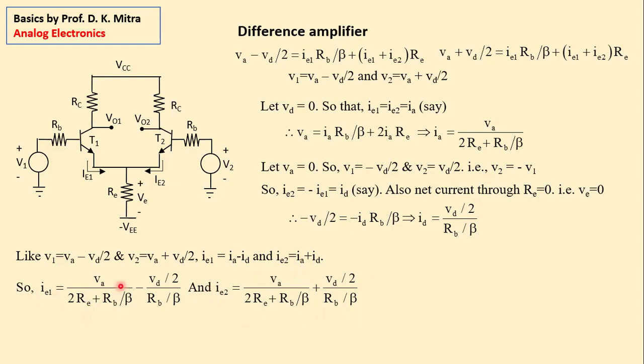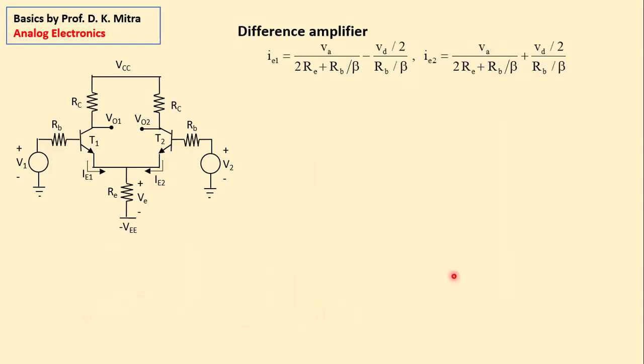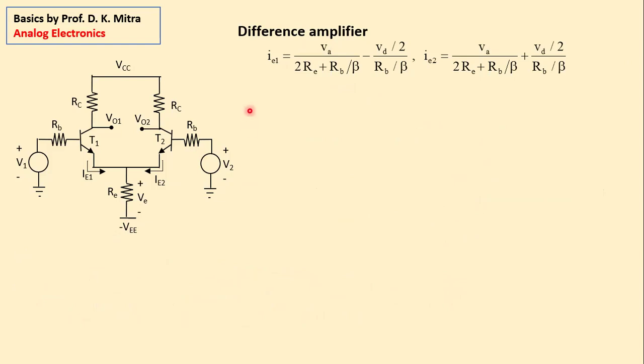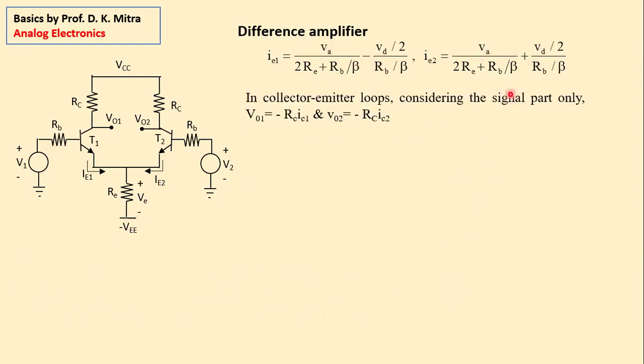Mind it, the equation is very symmetric, only there is a difference of a negative sign and a plus sign here, right? So this is IE1 and IE2. You can go back. These two are repeated here for your convenience.